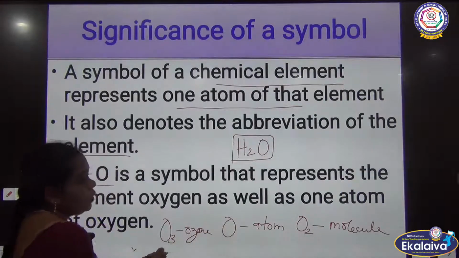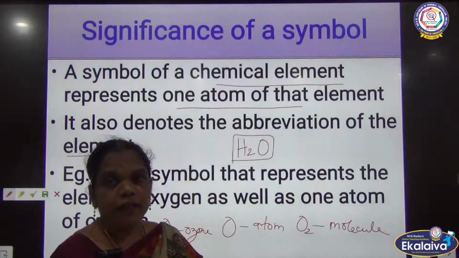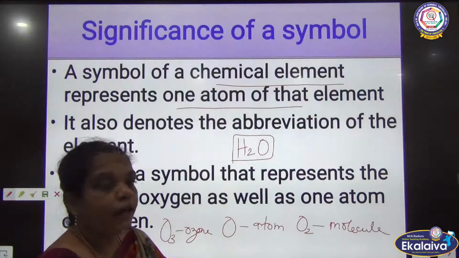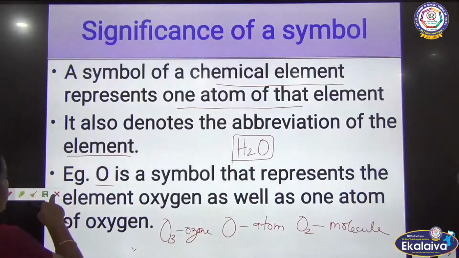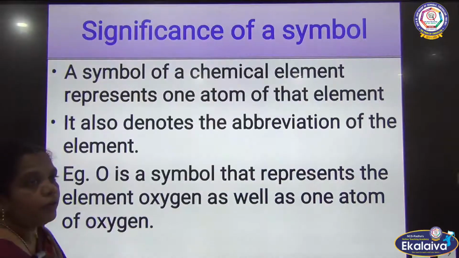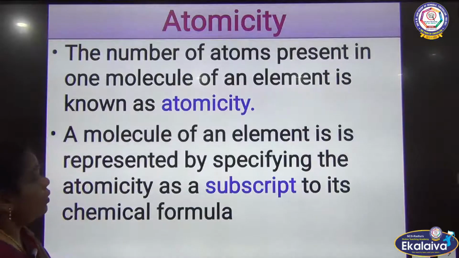Ozone. So by representing the element, we are able to identify the compound easily. So this is one of the significances of using chemical symbols.